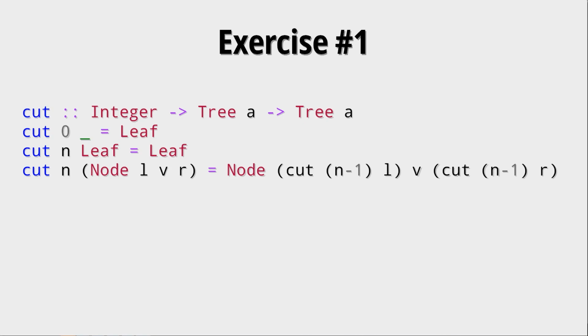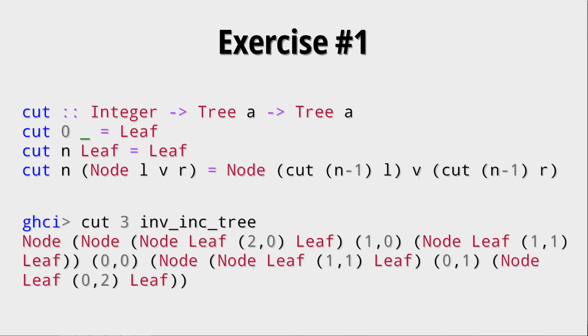In this case, we return a new tree with the node with its value, and then we go down into the subtrees and we cut the subtrees because, of course, there is nothing else we can cut. And they will, hopefully, give us the correct tree. But yes, in this case, of course, it is correct.